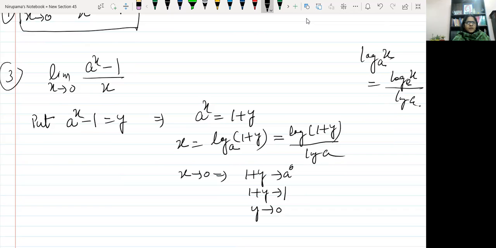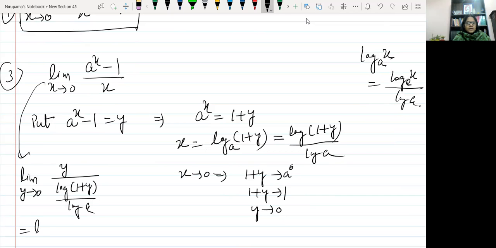Now coming back to the limit, from here you can write limit x approaches 0 means limit y approaches 0, since when x approaches 0, y approaches 0. a to the power x minus 1, that is y, divided by x, equal to log 1 plus y divided by log a, right? Or you can write limit y approaches 0, y into log a divided by log 1 plus y.